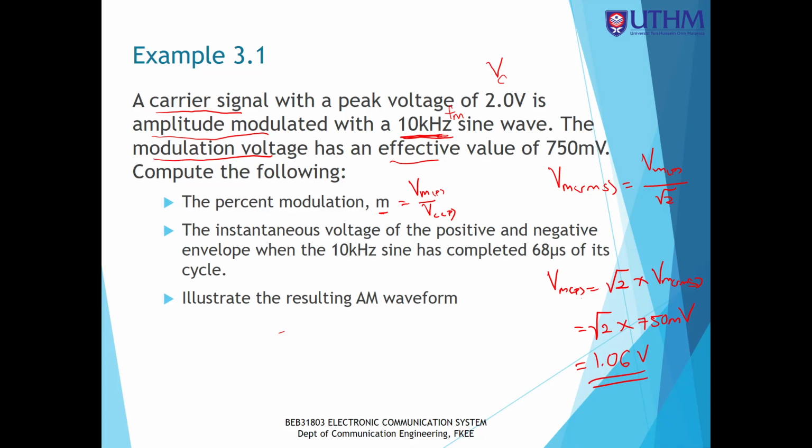From here I can calculate the modulation index, M equal to Vm peak divided by Vc peak, which is 1.06 divided by 2. The question asks in terms of percent, so I need to multiply with 100%. So 1.06 divided by 2 multiplied with 100%, you will get 53%.